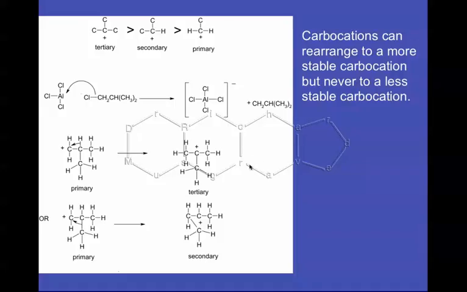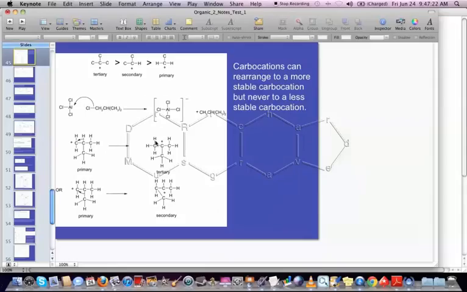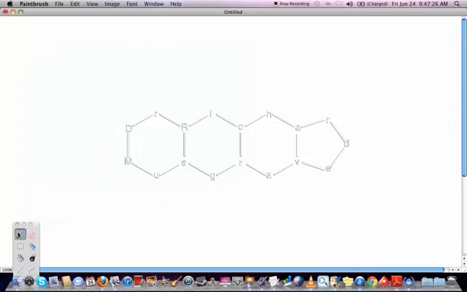So if we have this kind of situation with the primary C+ that can possibly rearrange into a tertiary or a secondary, then all 3 of those would end up being possible products if we use that as a guide. So let's take a look at that. An example would be something like this.